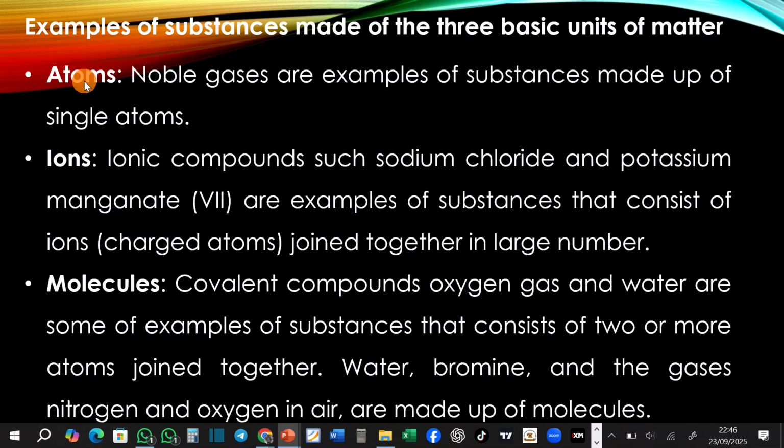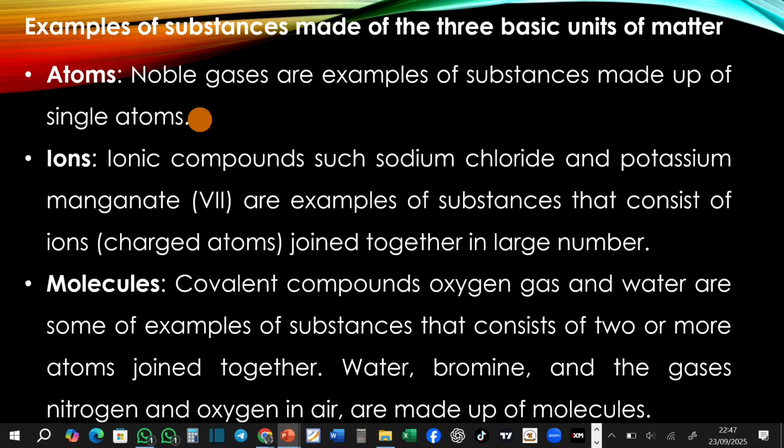Now, in which kind of matter or substances can we find atoms? Noble gases are examples of substances made up of single atoms. If we go out there in this universe and begin looking at different kinds of matter, we will find matter which is in a pure state, which is just made up of single elements.